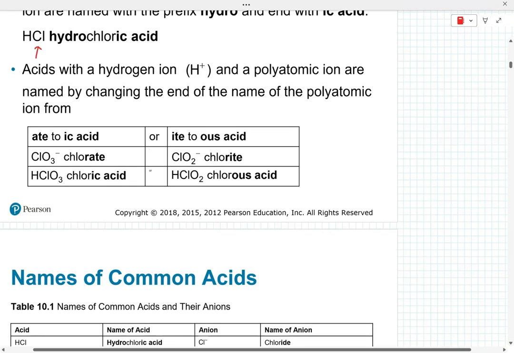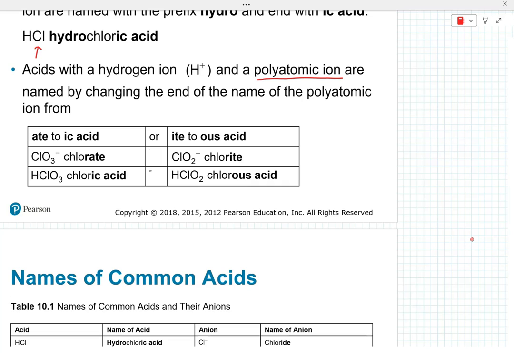When we have a polyatomic anion within an acid, if the name of the corresponding salt ends with ATE, we change it to IC. So chlorate, chloric.